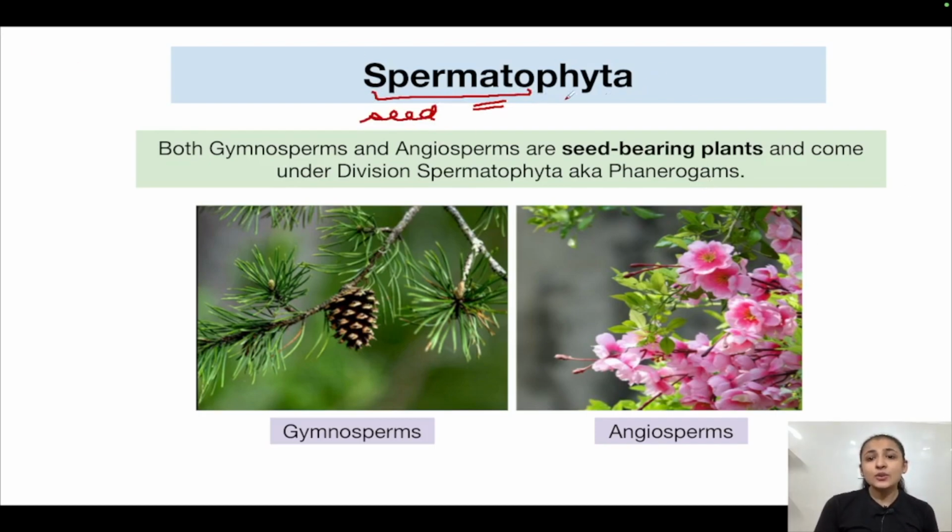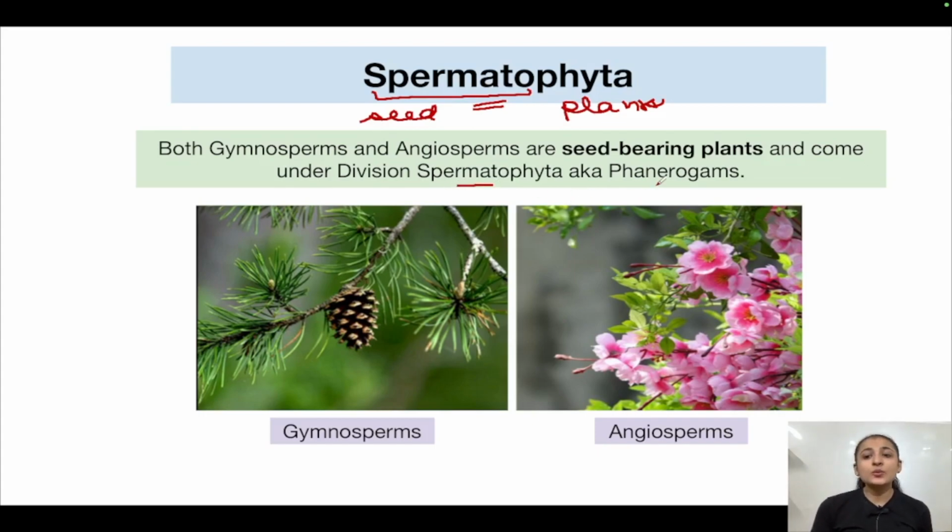So Spermatophyta means seed-bearing plants, and both Gymnosperms and Angiosperms fall under this group because both of them are seed-bearing plants.